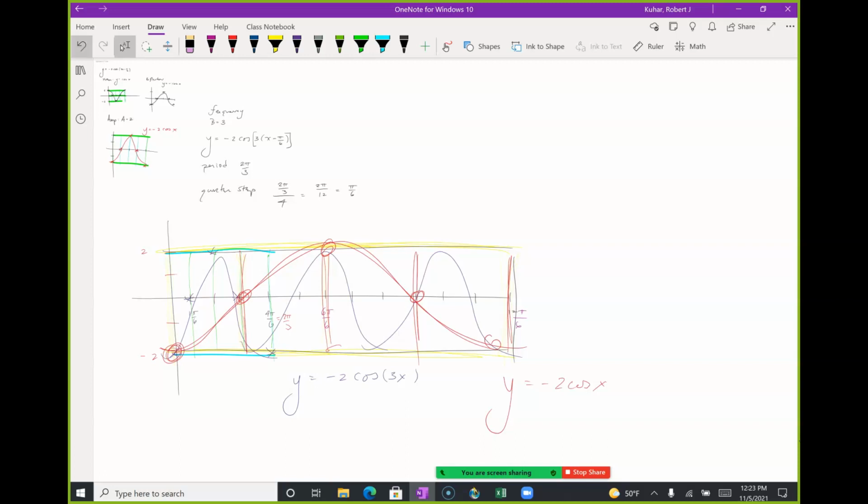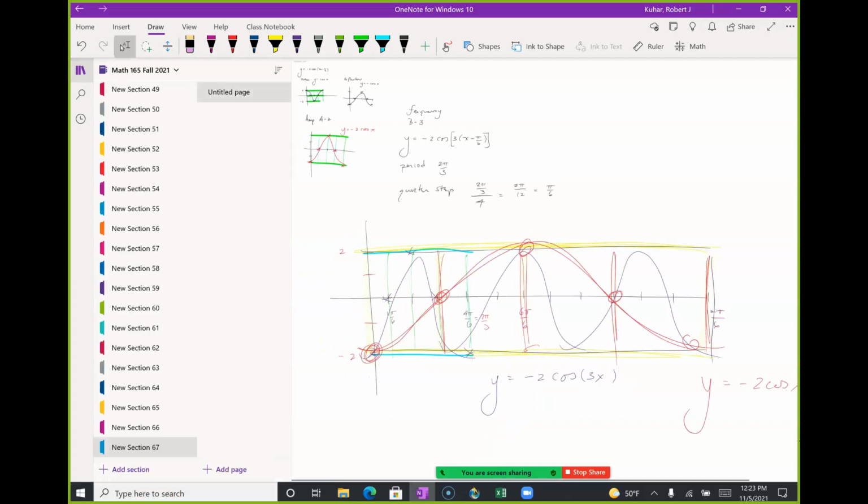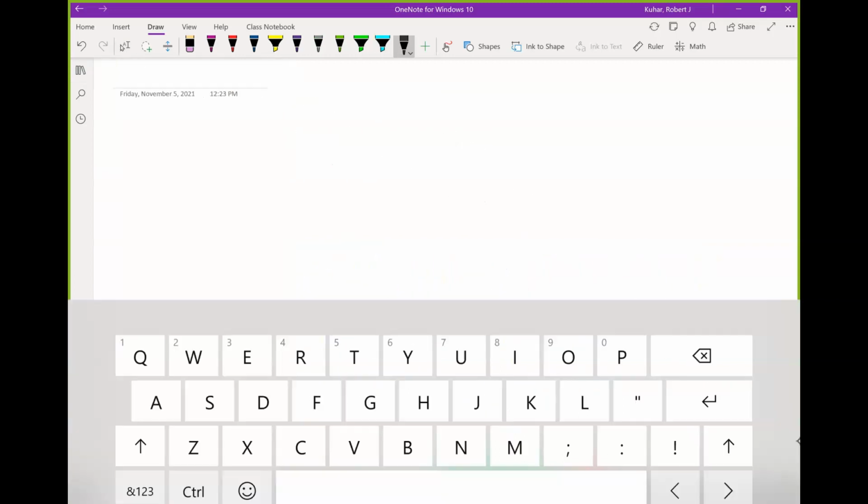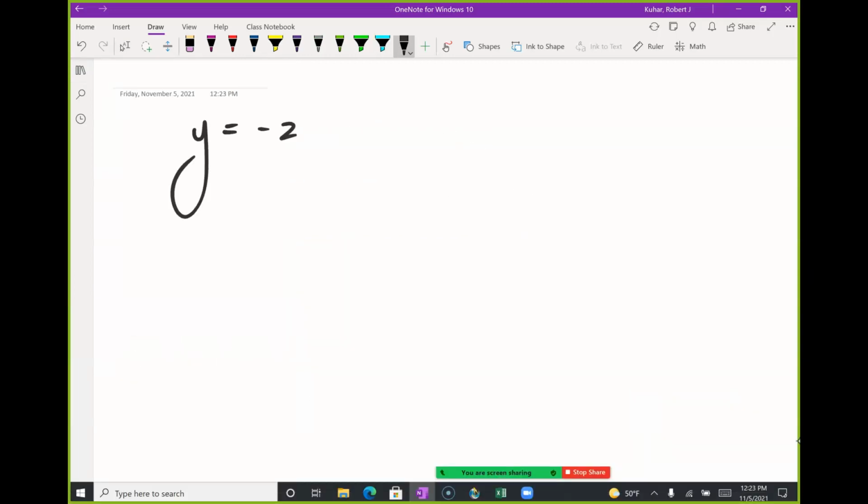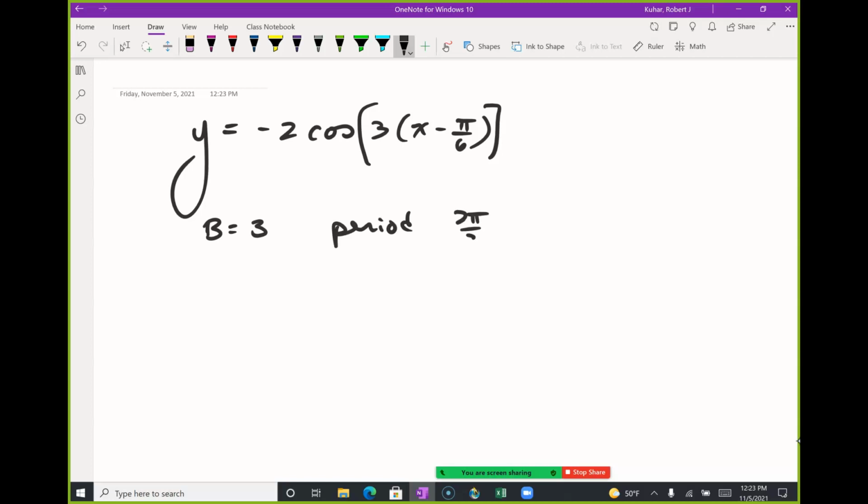Okay? So, kind of starting fresh again. Y equals negative 2 cos of 3 times x minus pi over 6. I had b is 3, so the period is 2 pi over 3.